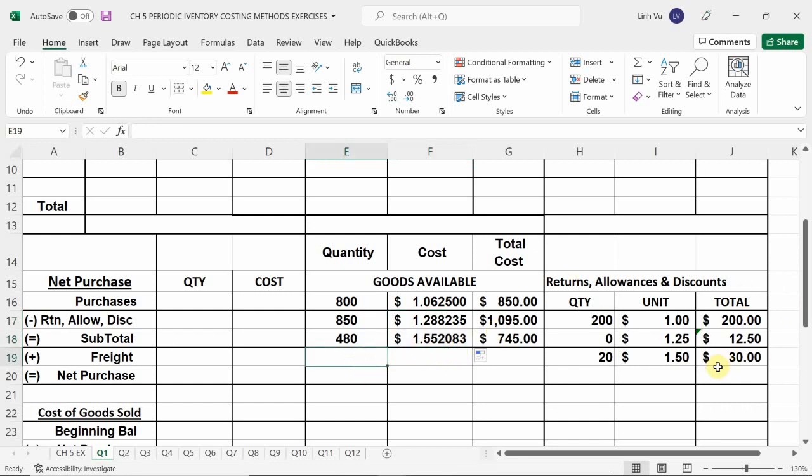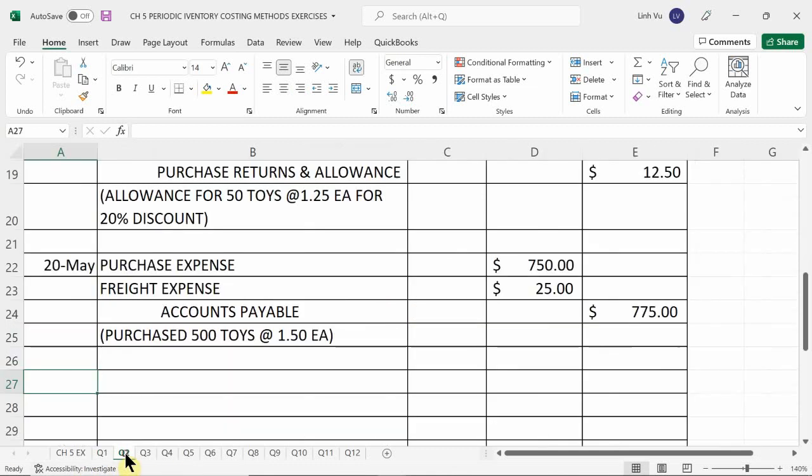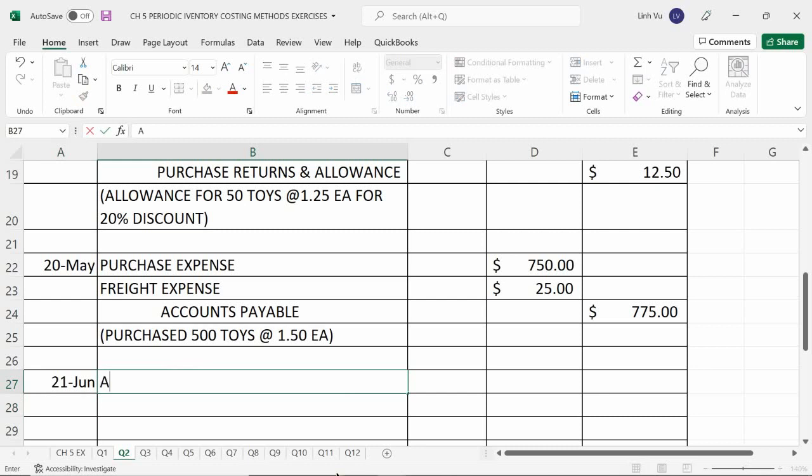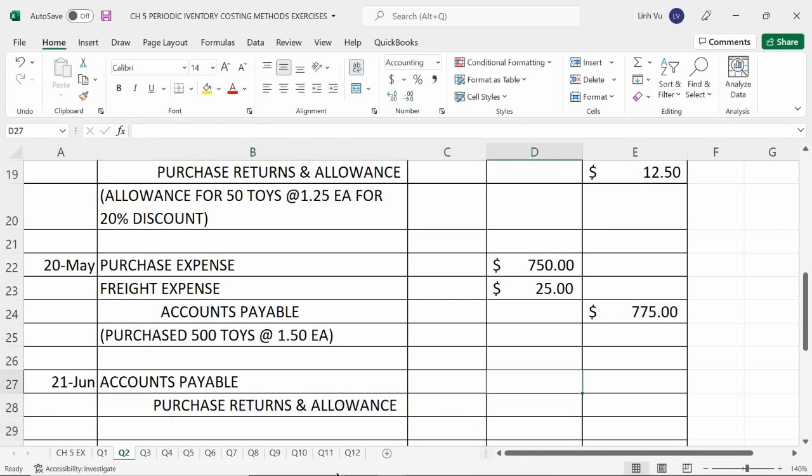We have the information that we need: our return was a total of $30. So that's what I'm going to do here, right? Record my return. I have accounts payable and purchase returns and allowances for $30.